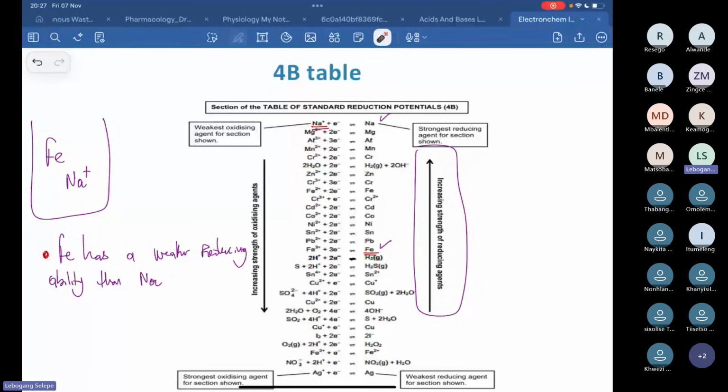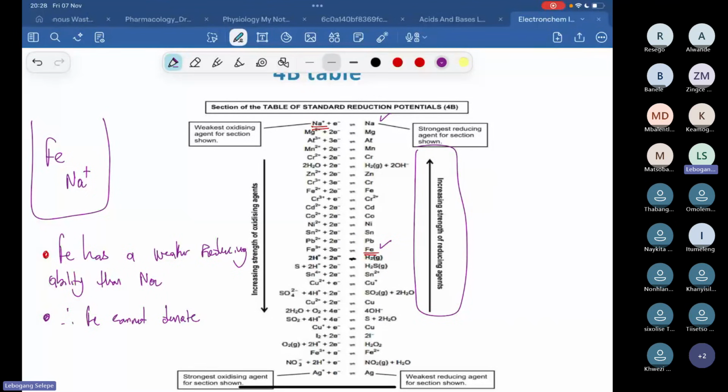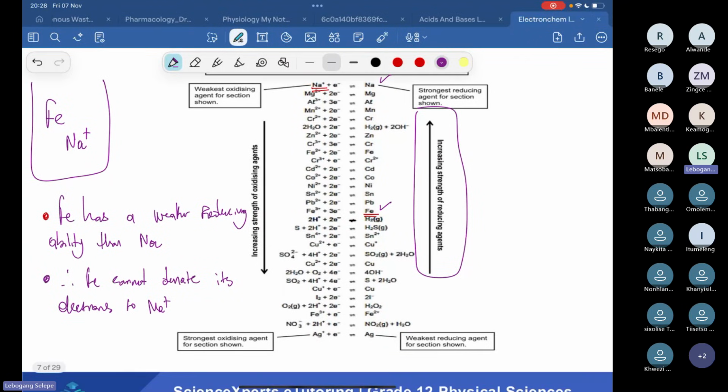So if this is the case, therefore Fe cannot donate, or does not have enough strength to donate, electrons to Na plus, right? If Fe is not donating its electrons to Na plus, what does that mean?